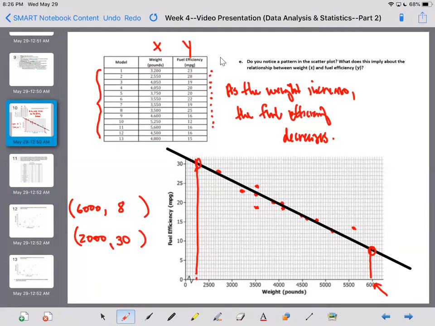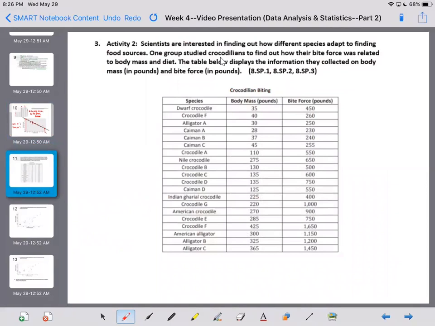All right, this next one, we're going to look at the relationship between crocodilians, body mass, and diet. So we would say that X represents the pounds in body mass for the crocodile, and Y would represent the bite force in pounds.